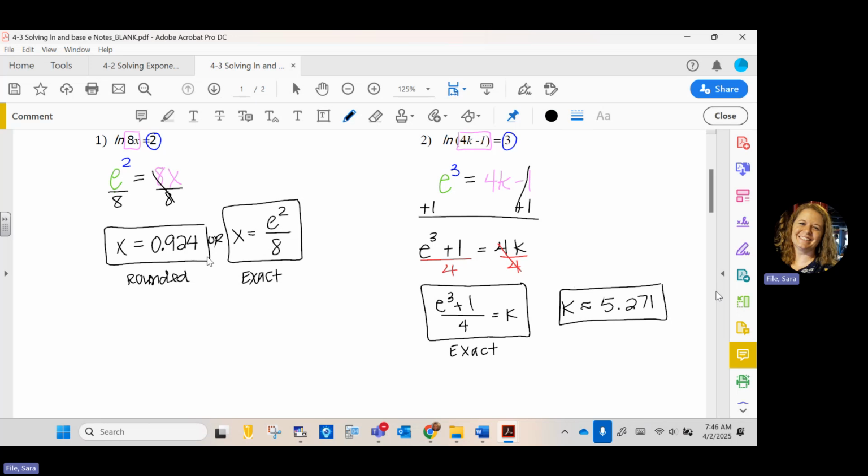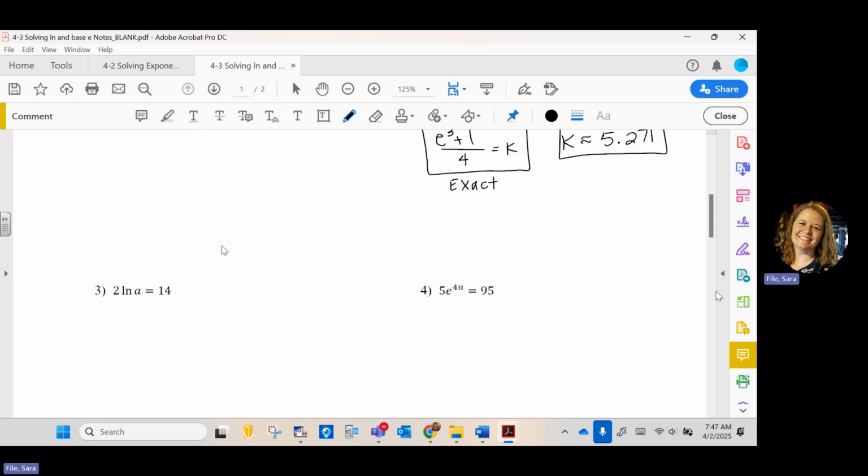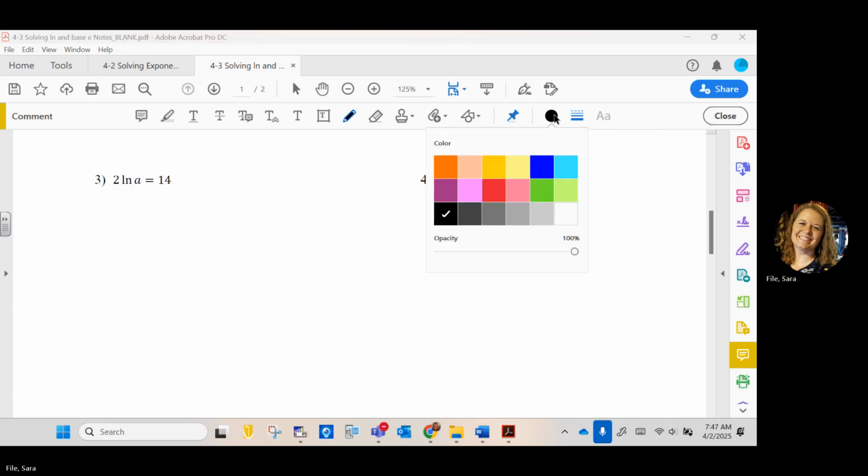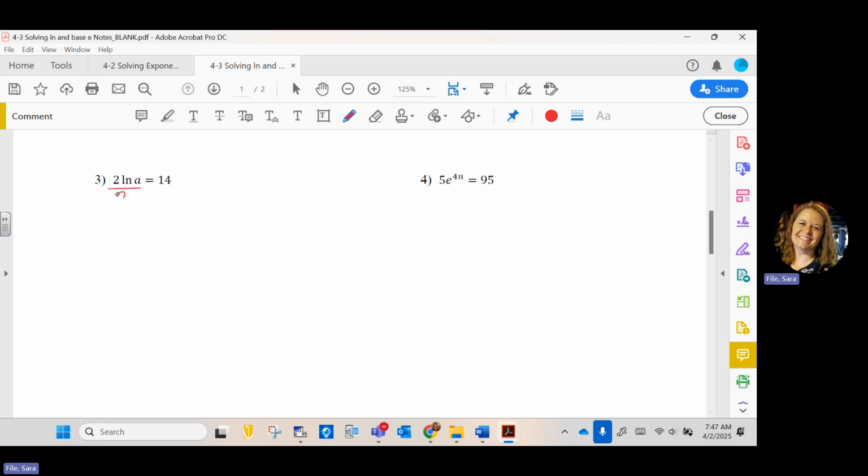All right, now this time in number 3, my log expression is not isolated. What do I need to move first? I always have to isolate the log or exponential term first. The 2 needs to be moved to the other side. It's being multiplied, so I'm going to divide.